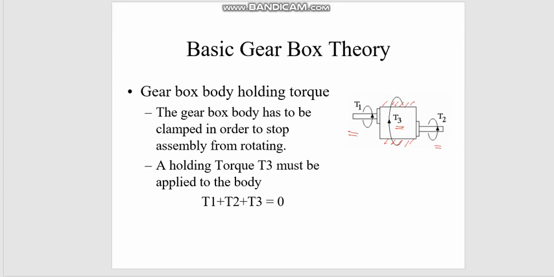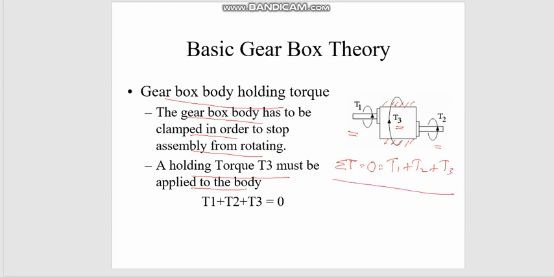So, gearbox body holding torque: the gearbox body has to be clamped or bolted or secured in order to stop the assembly from rotating, as I mentioned just now. And a holding torque T3 must be applied to the body such that the summation of torque equals 0. So you need to be able to do the summation of torque, right, equals 0, equals T1 plus T2 plus T3.